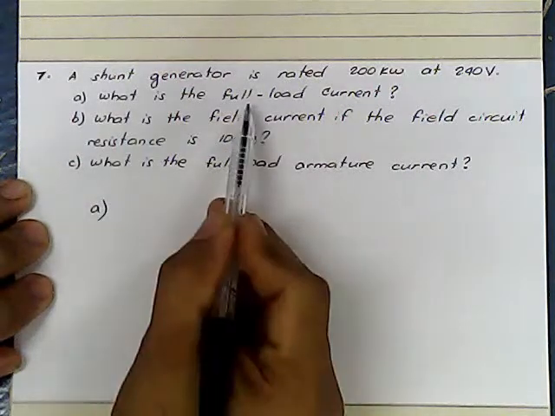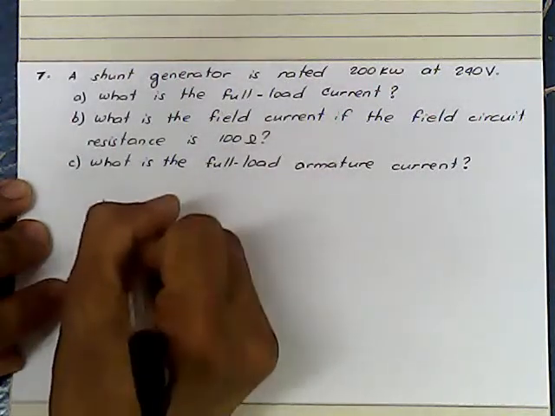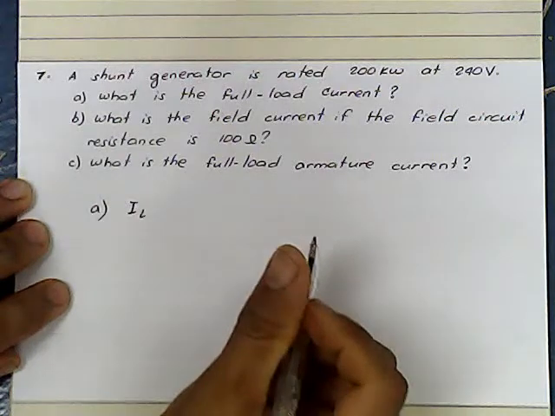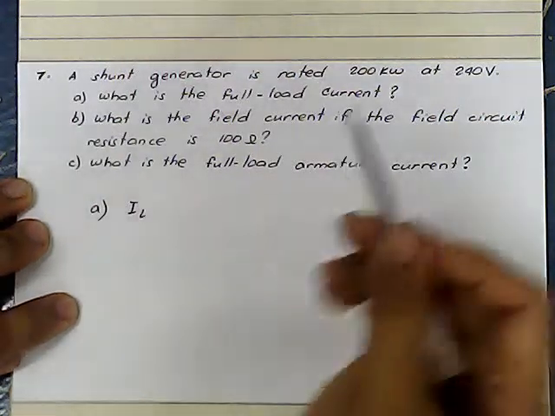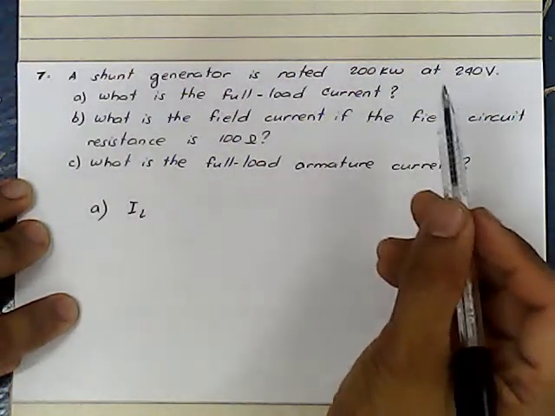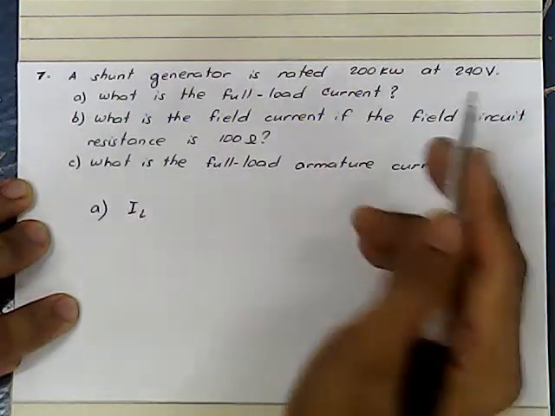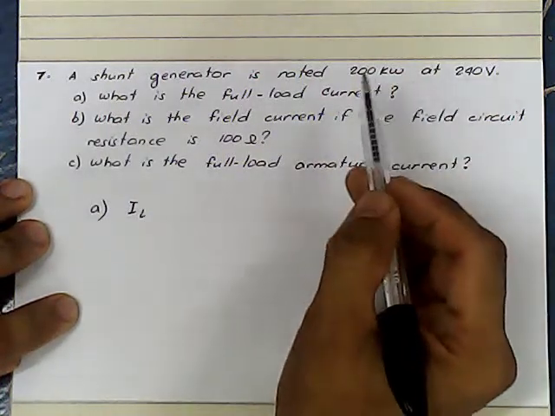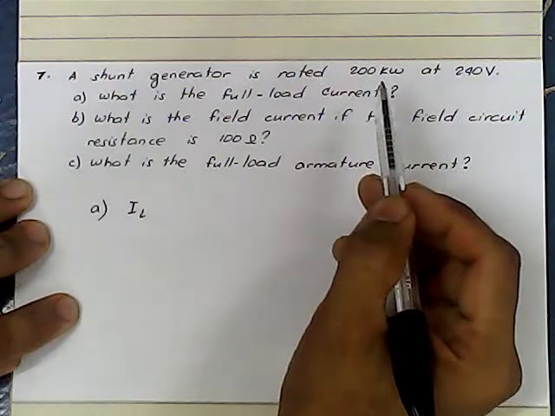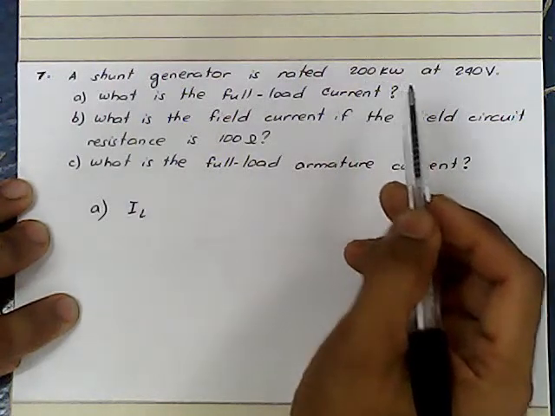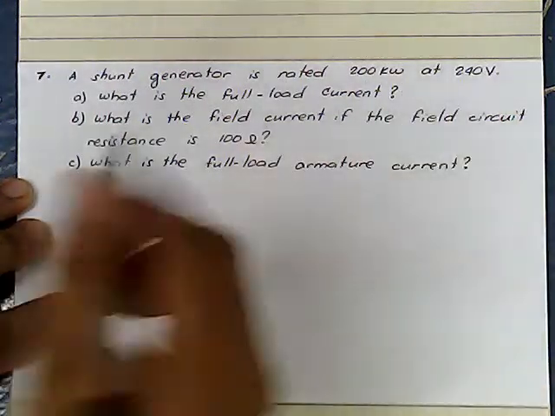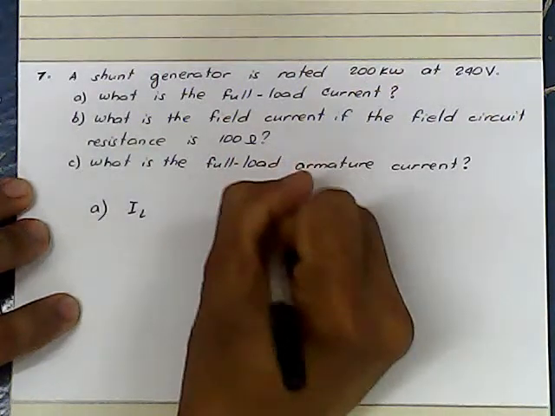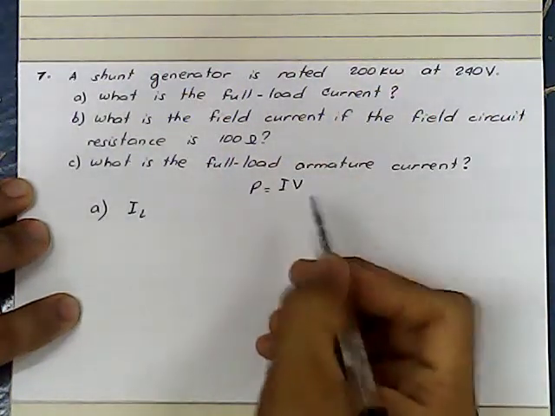What we are looking for there is the full load current, that is the IL. What's given here is 200 kilowatts and 240 volts. So, that means the output is 200 kilowatts, or 200,000 watts. We have the formula for that. P is equal to IV.